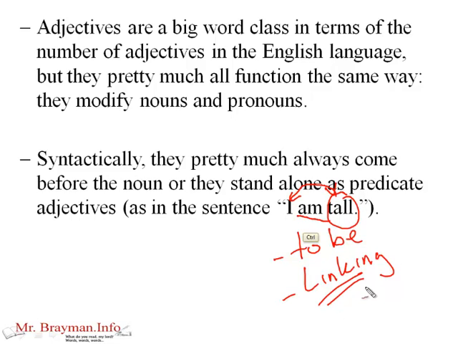That's why we call them linking verbs, which is linked by, or is made equivalent by the form of the verb to be. Okay, so adjectives are pretty easy to spot because they usually show up in fairly predictable places in a sentence, either before a noun or a pronoun or somewhere after that form of the verb to be or that linking verb.